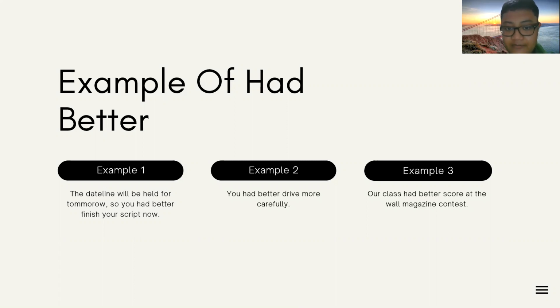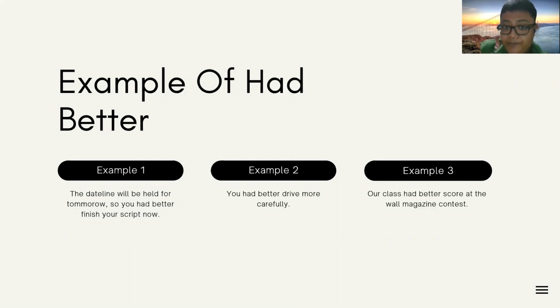Example number two, you had better drive more carefully. That means it's stronger than should or ought to. Example three, I'm sorry, I will explain example three: Outlets had better score at the World Magazine contest.